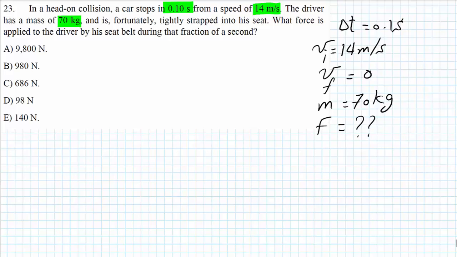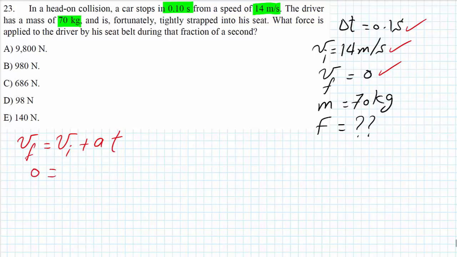The first method is from the time and the initial speed and the final speed, we can get the acceleration, and then we use Newton's second law, force equals mass times acceleration. Let's try this one. I have the initial velocity, the final velocity, the time, so V final equals V initial plus AT.